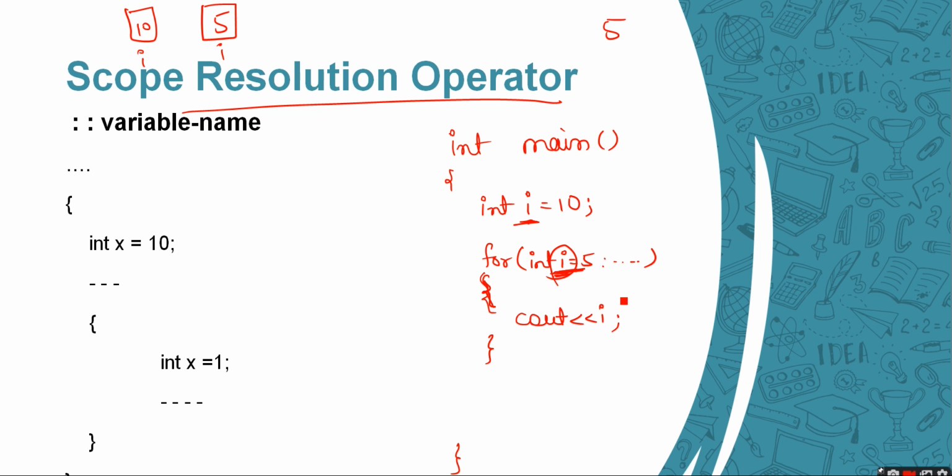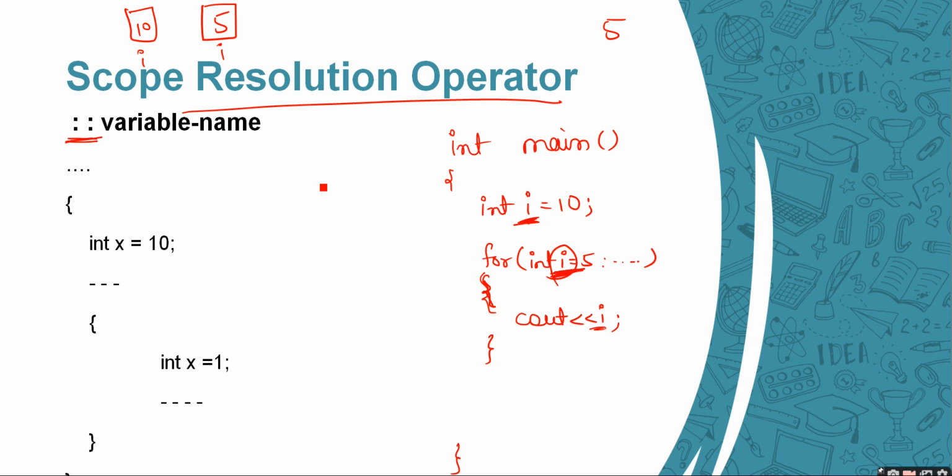So how do I define that this i should come here? There we use the scope resolution operator. We use the scope resolution operator to define which i we want.